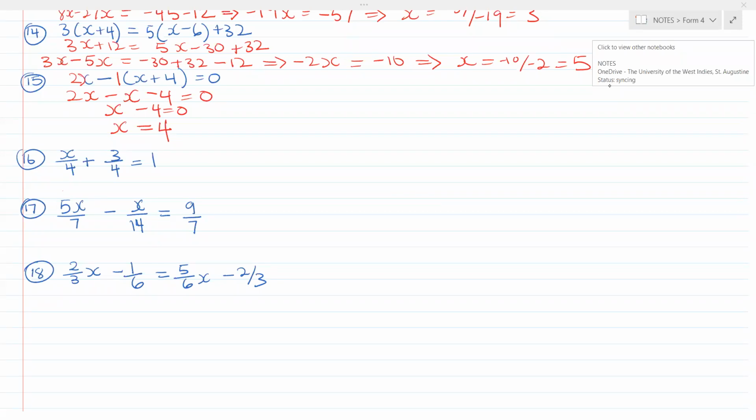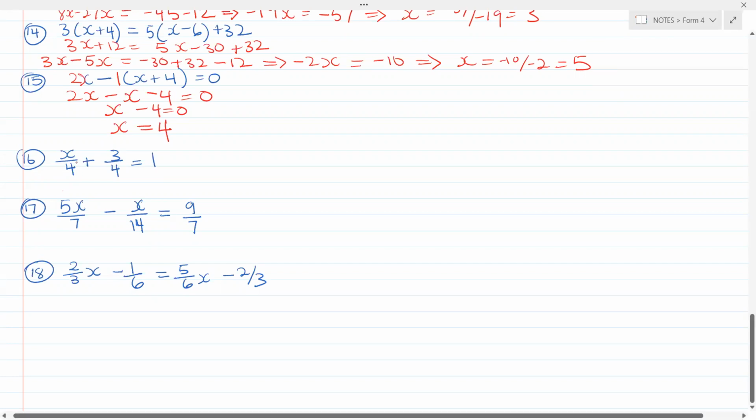Okay, number 16, we are seeing fractions, and I don't want you all to be afraid. Actually, we should be very happy because we're seeing that they have the same denominator. So we know that this is just going to be x plus 3 over 4, because remember, when they have the same denominator, we can add the numerators. So all of this is equal to 1. What do we know about fractions equal to other fractions?